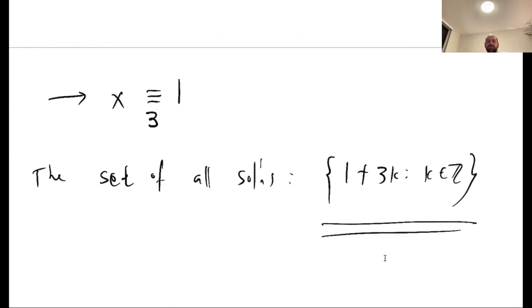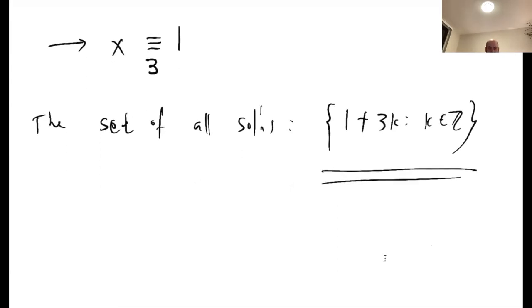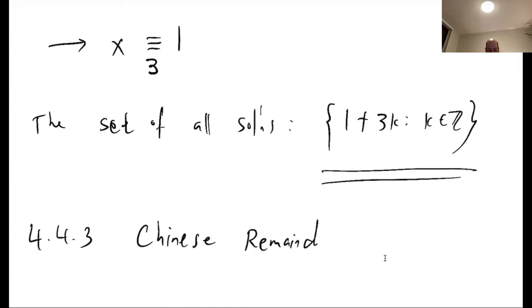Now the next subsection is basically the Chinese remainder theorem.